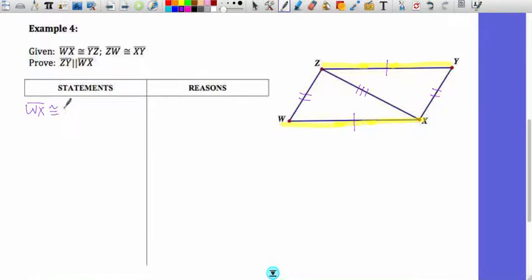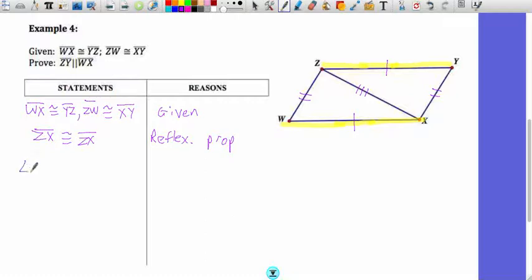WX is congruent to segment YZ, segment ZW is congruent to segment XY, and both of those are given. We have segment ZX congruent to segment ZX, and that is because of the reflexive property.